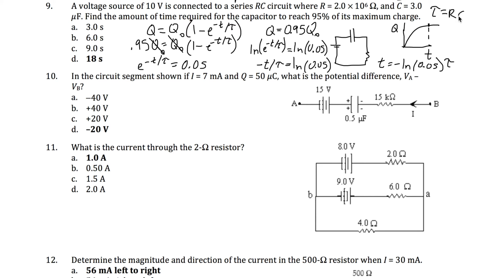Tau is RC. R is 2 times 10 to the 6. C is 3 times 10 to the negative 6. So the 6 and the negative 6 cancel out, and it's just 2 times 3, so it's 6 seconds. Plug in your calculator negative ln of 0.05 times 6, and we should get 18 seconds.